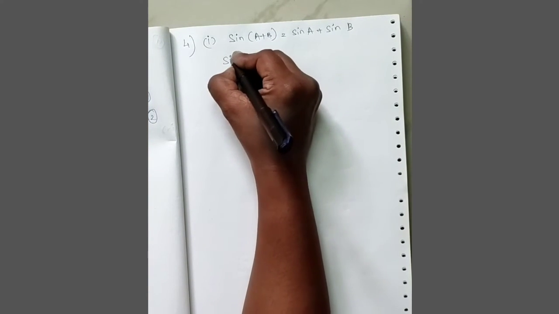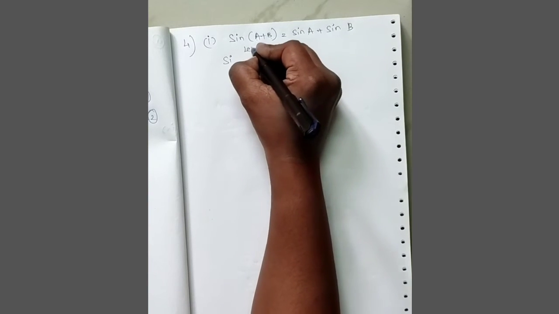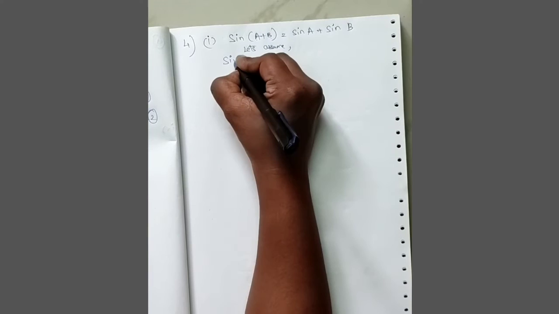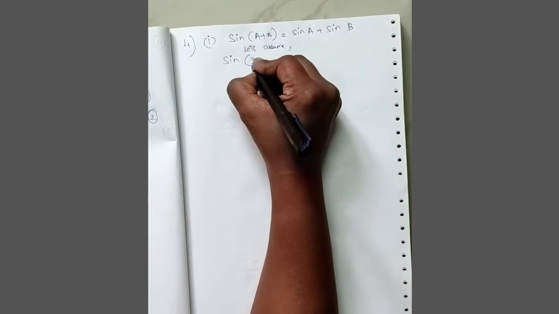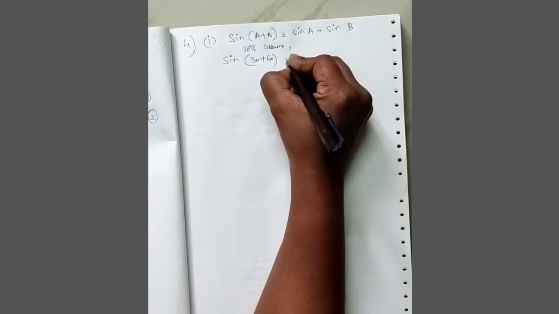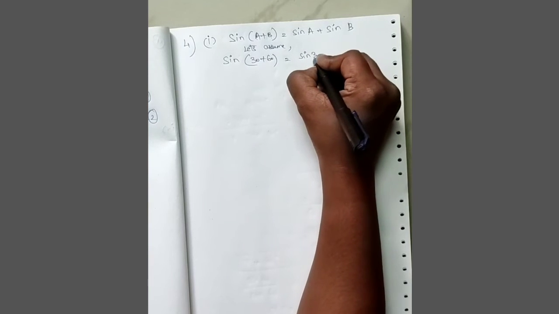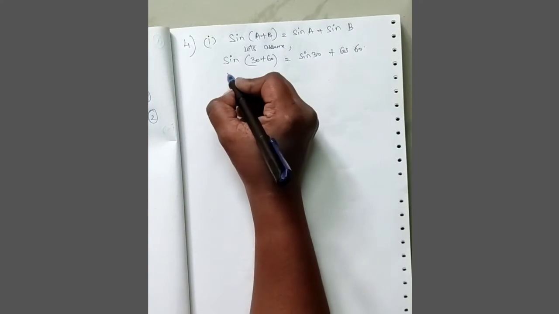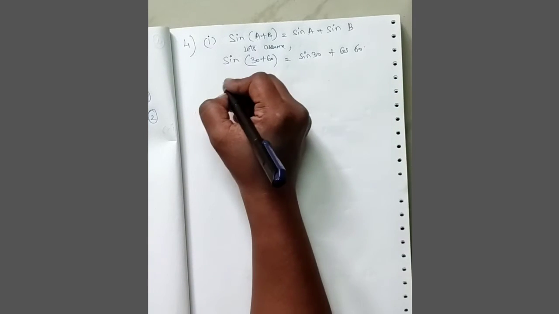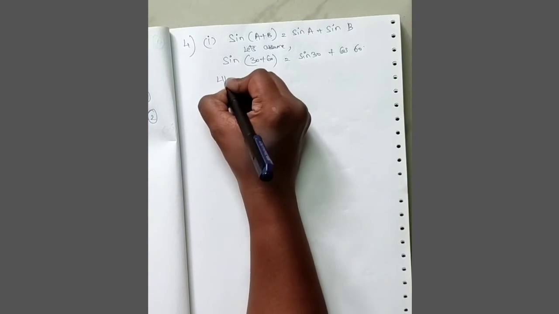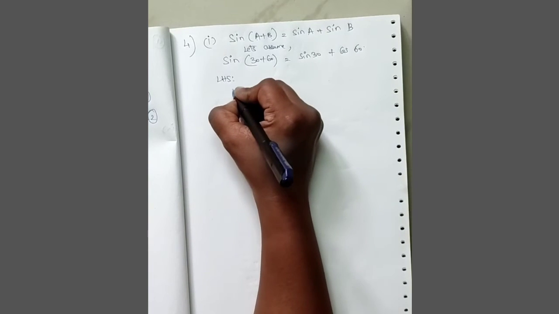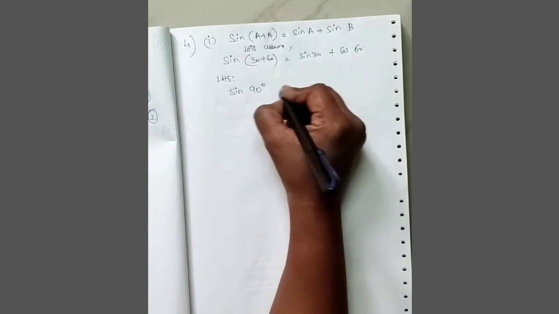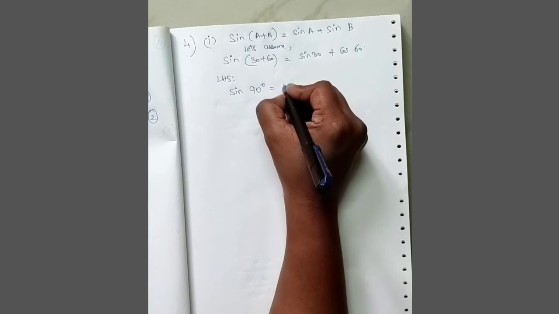We'll assume, whenever you assume something, you have to write it: let's assume sine of 30 plus 60 equals sine 30 plus sine 60. This is the equation we have to prove. So let's take LHS. Sine 30 plus 60 will be sine 90, which is equal to 1.